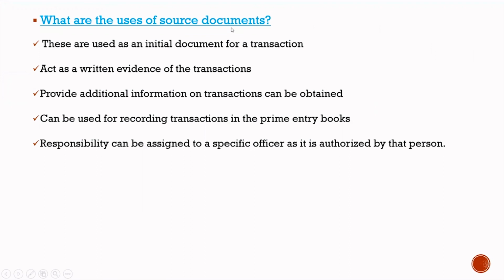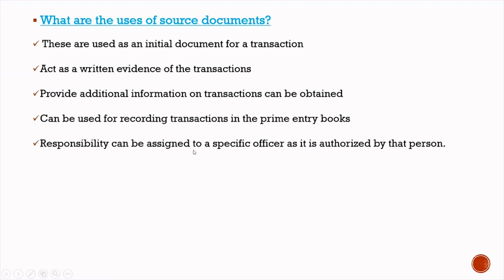So what are the uses of the source documents? It is the initial document where we record the transaction. We write it as evidence. It provides additional information on the transaction which is not recorded in the prime entry books. It can be used as a data source when we are recording transactions in the prime entry book.